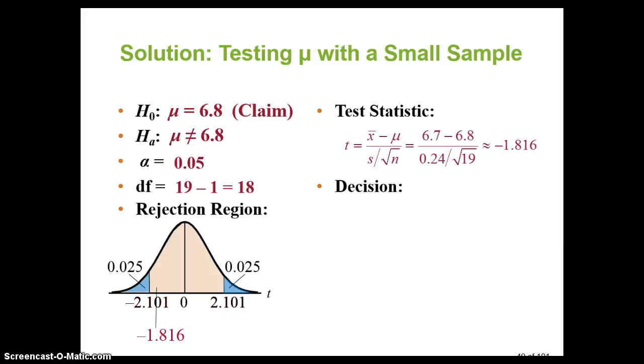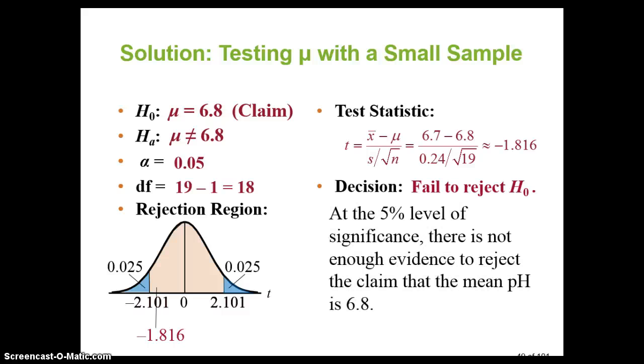Plugging into the formula, we end up getting a t value of negative 1.816, and that clearly does not fall in either of the blue shaded rejection regions. It definitely falls outside. So based on the comparing t-values approach, we would not reject the H0. We don't have enough evidence at an alpha level of 0.05 to reject the claim that the mean pH level is 6.8.